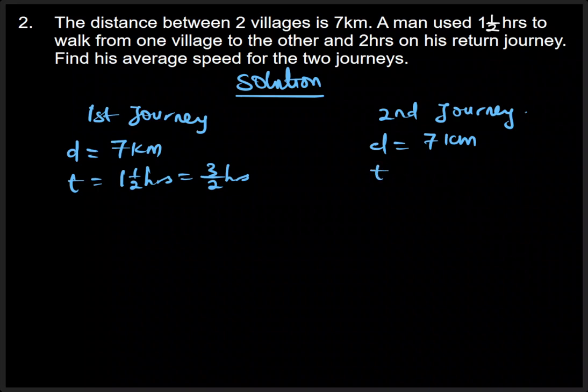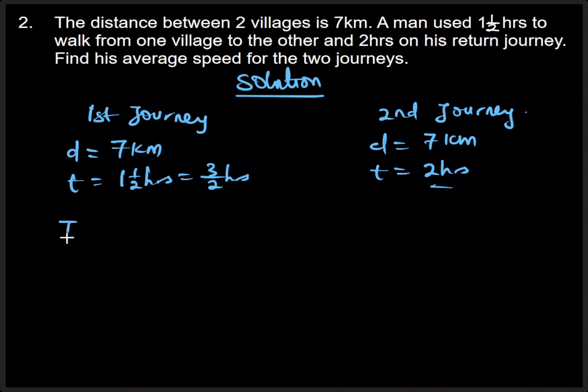And the time is 2 hours for the return journey. So that means it was a bit slower in the second journey than the first journey because it took more time.